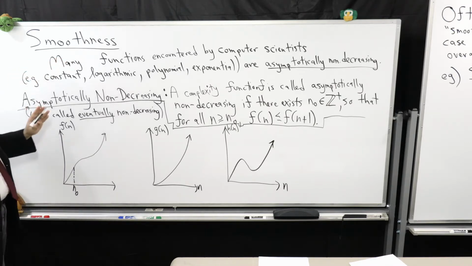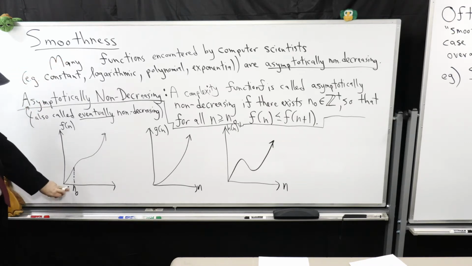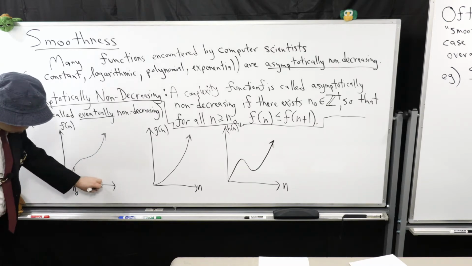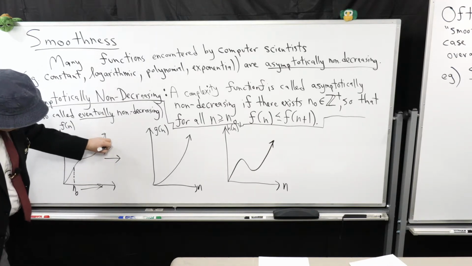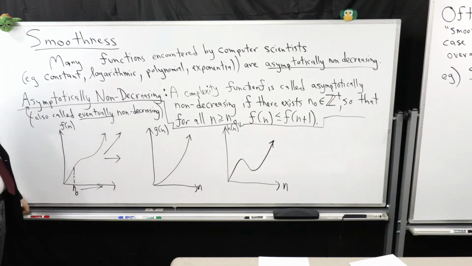If that's the case, then we're okay with this point at n0 here. So everywhere from n0 on, it's either level or it's gotten larger when I insert one higher value, then we're okay.